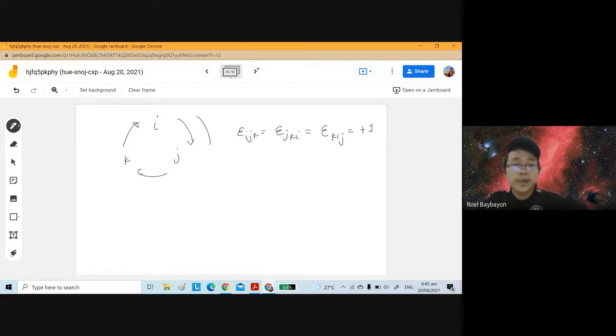While if reversed, okay, epsilon IKJ, epsilon KJI, and epsilon JIK, this one is negative 1.